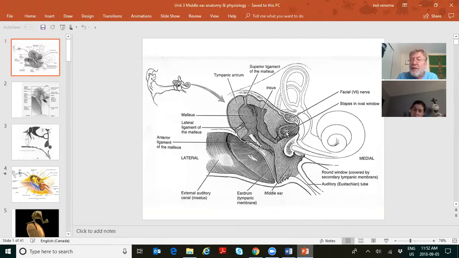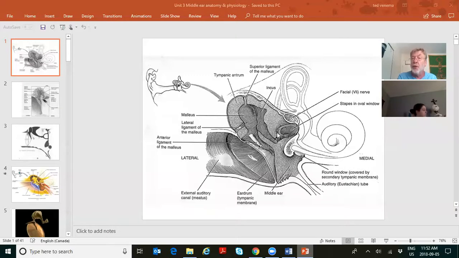So the foot plate of the stapes is actually the doorway, or the entry, into the inner ear. Think about the foot plate of the stapes, much like my fist. And here's the oval window, a circle, and the fist can push in and out of that circle. That oval window, that's the entrance to the cochlea.